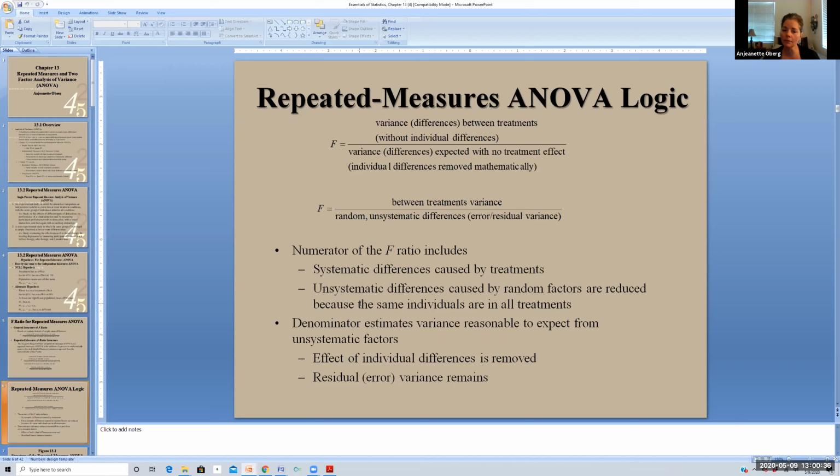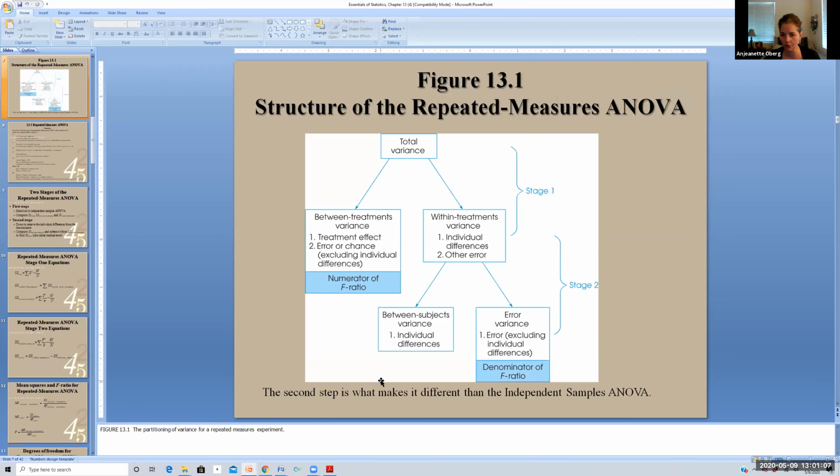Because you have the same people in each group, the differences between the groups is purely due to the systematic differences. It has nothing to do with individual differences, because it's a within group design. So we're controlling for those individual differences in the numerator. And in the denominator, those individual differences are no longer a factor, and so you have this residual or error variance left over.